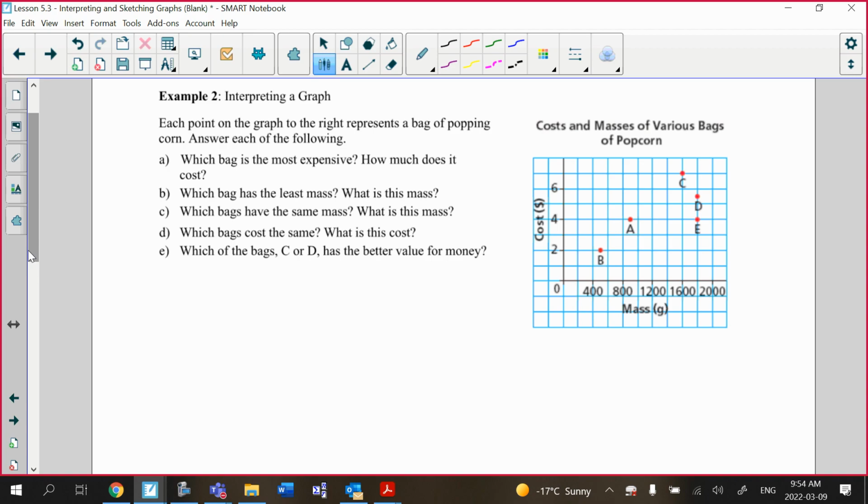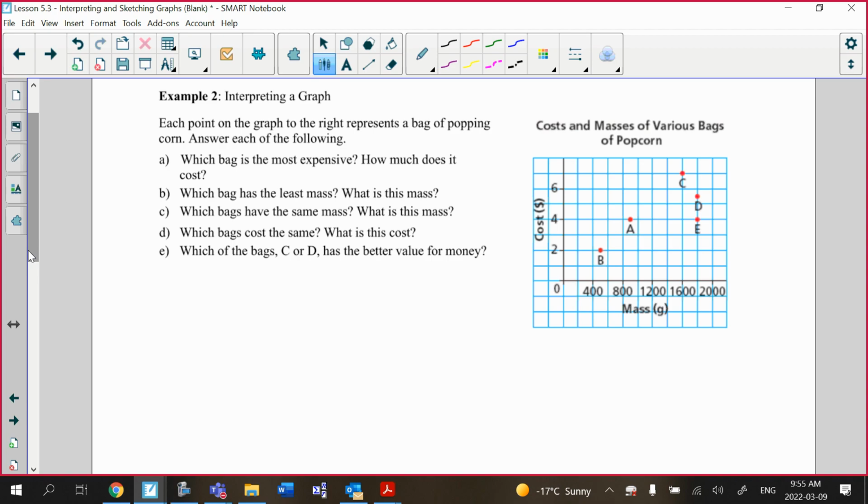Why wouldn't we just go like this or something? No? Because popcorn bags are only certain sizes, aren't they? There is no popcorn size that is 500.7375 grams. There's no fractions. So that's why we put a series of points and we don't connect them.